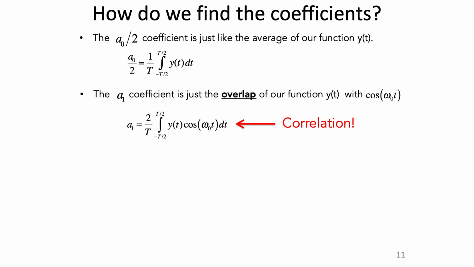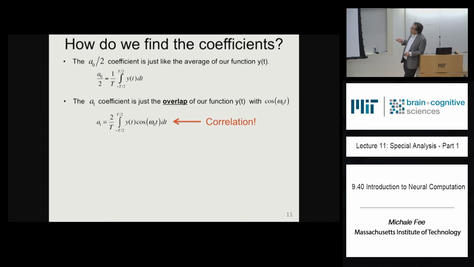That is just a correlation, right? It's just like asking, let's say we had a neuron with a receptive field of cosine omega naught t. We're asking how well does our signal overlap with that receptive field. Does that make sense? We're just correlating our signal with some basis function, with some receptive field.